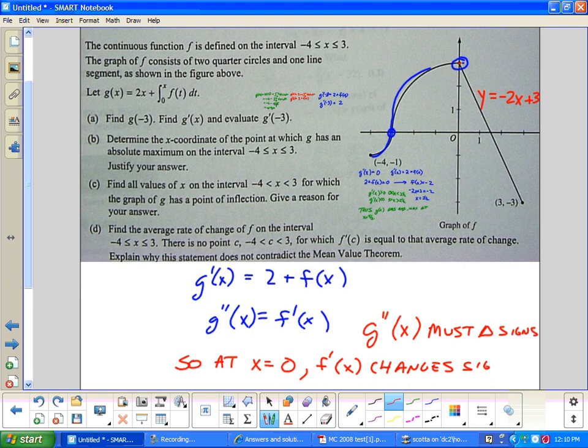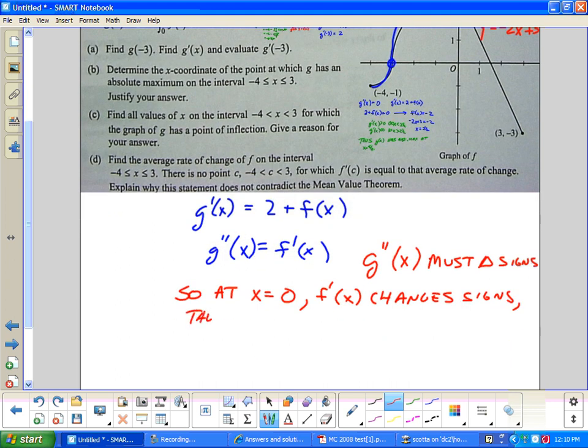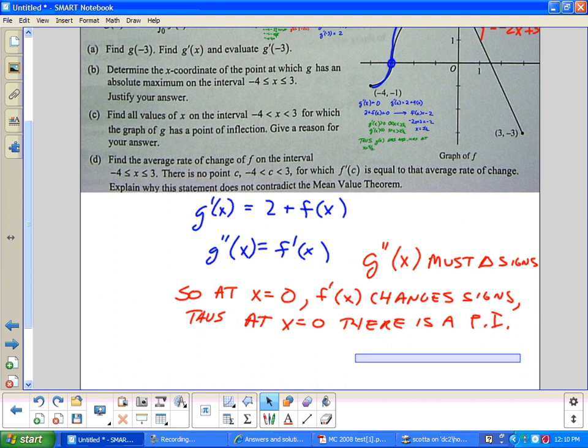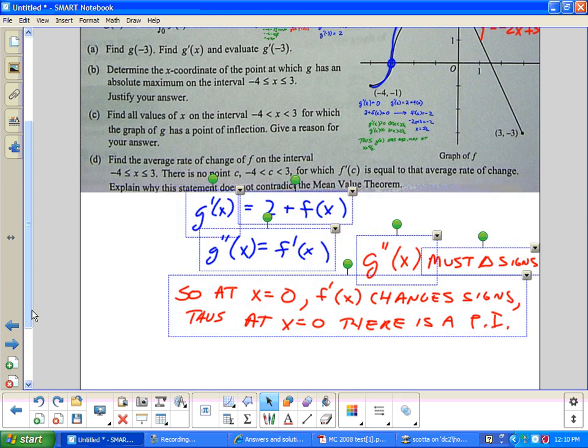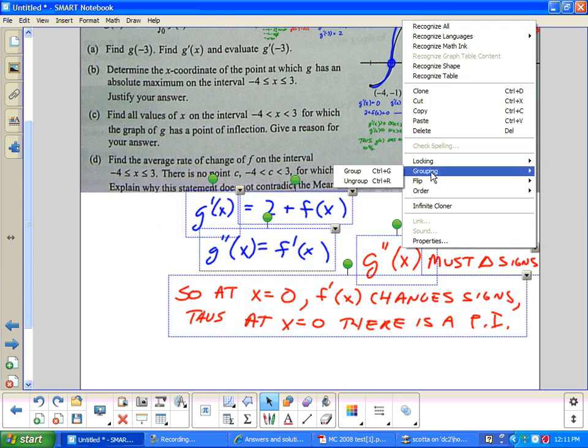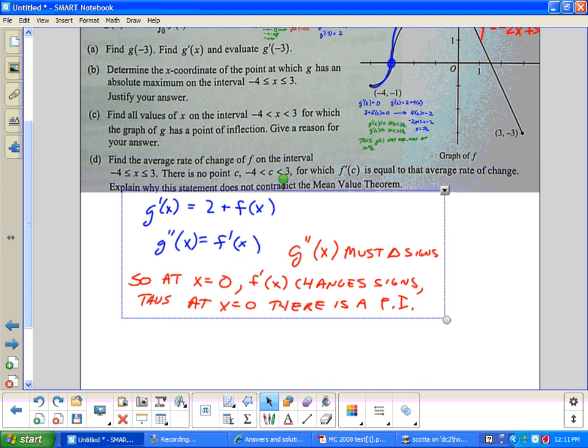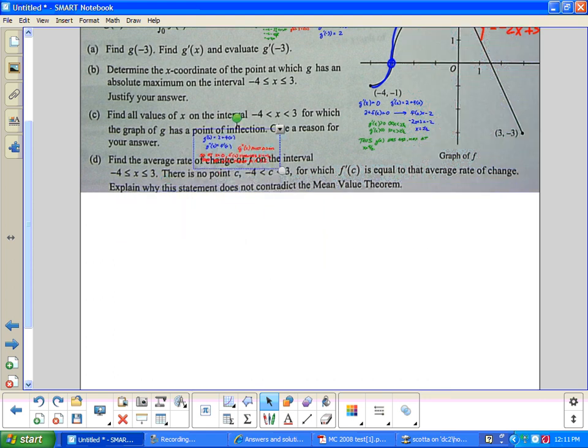You guys agree? Thus, at x equals 0, there's a point of inflection. You would write it out, but I'm just going to go PI, point of inflection. That's only a point. You just get a point for that answer. All right, so there's that.